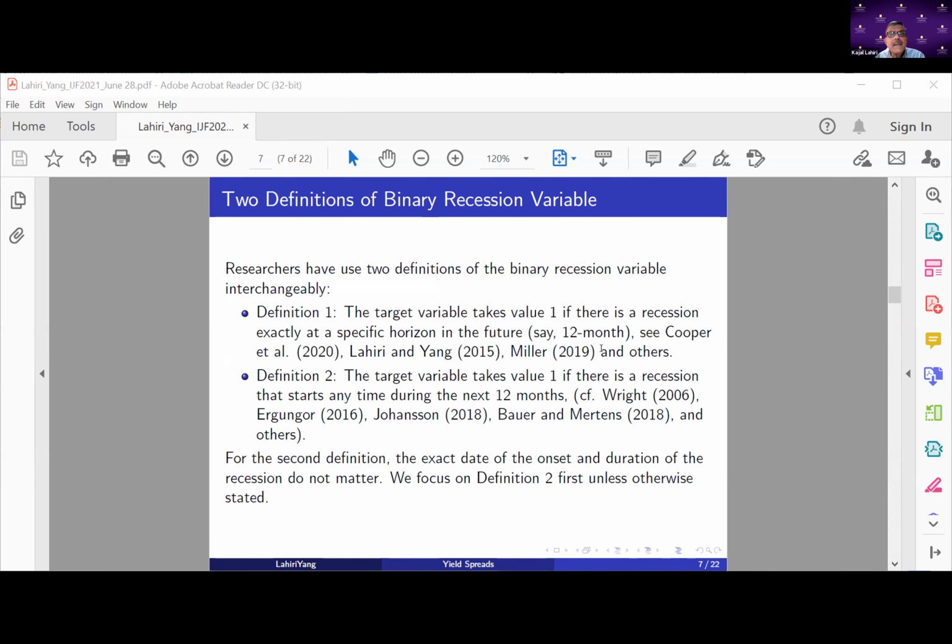And then there's another thing I'll touch upon in recession forecasting. There are two definitions people use interchangeably. People don't pay attention. One definition is you say a recession is going to happen if it happens at a fixed horizon, say 6 months from now, like Stock and Watson put 6 months. Another, which a lot of people are doing, started with Jonathan Wright's paper, where you say a recession will happen during the next 6 months, or during the next 12 months.